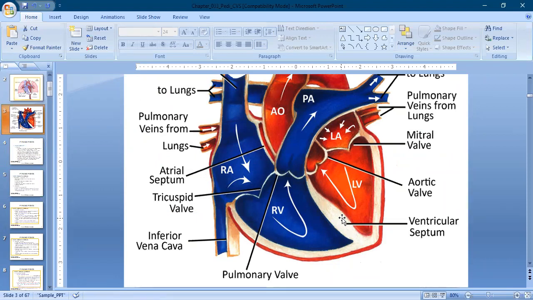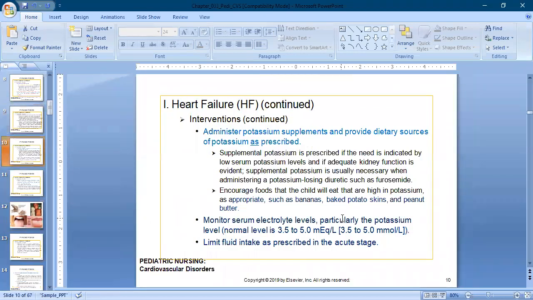So VSD is the abnormal hole in the septum between the left and right ventricle. The key point is that if we examine the patient, we can get a loud, harsh murmur at the left sternal border. Definitely, if you are asked, the treatment is closure during cardiac catheterization.